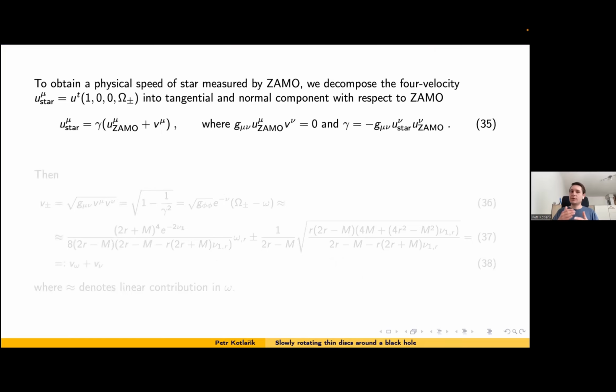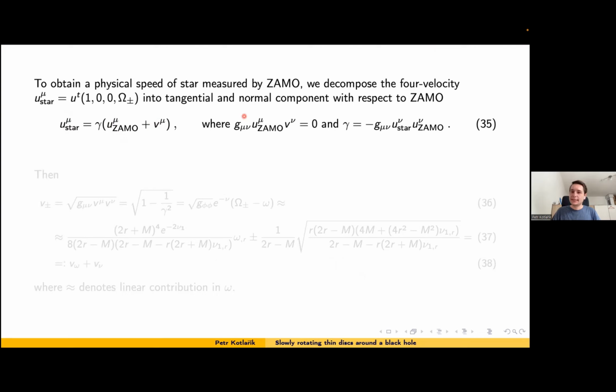And now, to obtain a really physical speed, what would the ZAMO measure? We decompose the forward velocity of the star into the tangential and normal component with respect to the ZAMO observer.